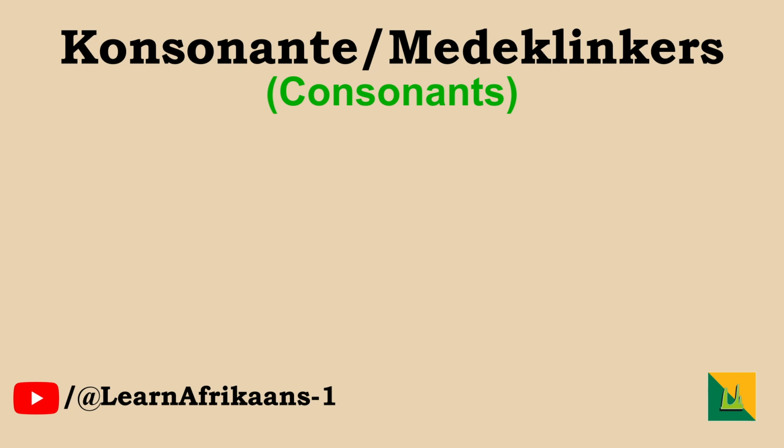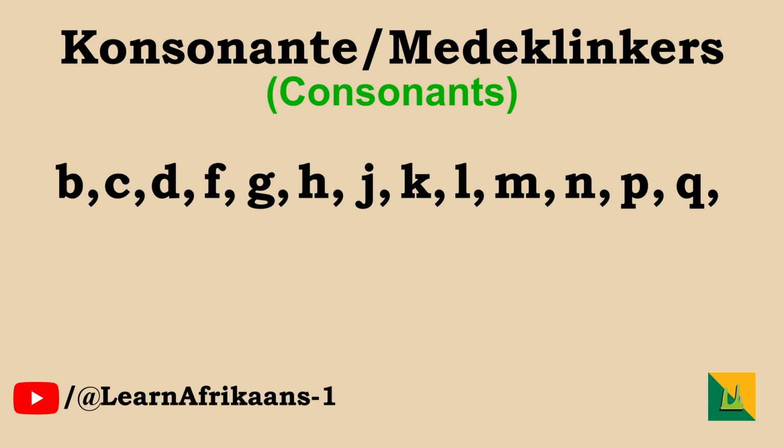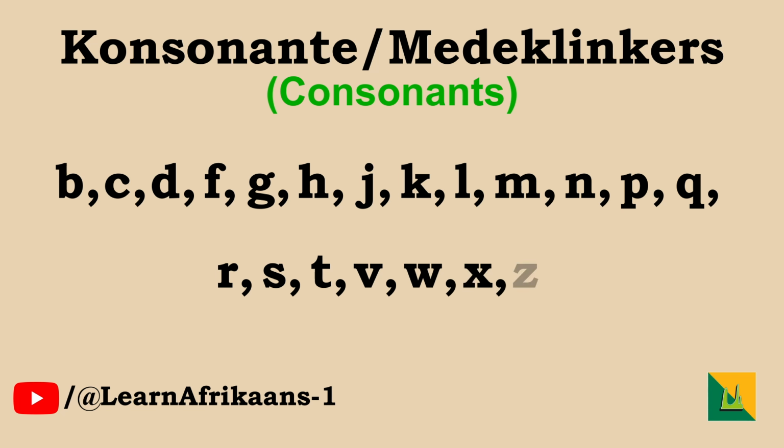Medeklinkers, consists of the following letters of the alphabet: B, C, D, F, G, H, J, K, L, M, N, P, Q, R, S, T, V, W, X, Z. Not just the individual letters are consonante, but combinations also count.